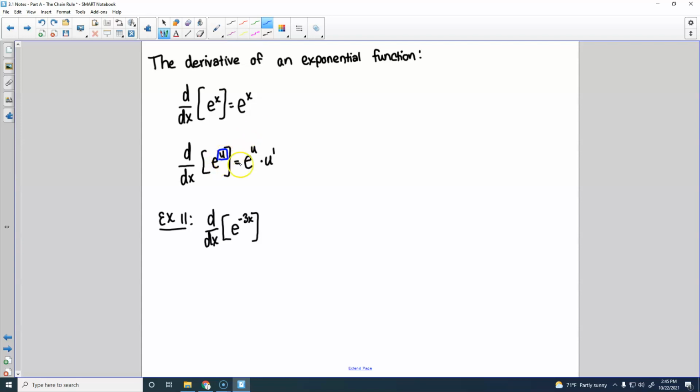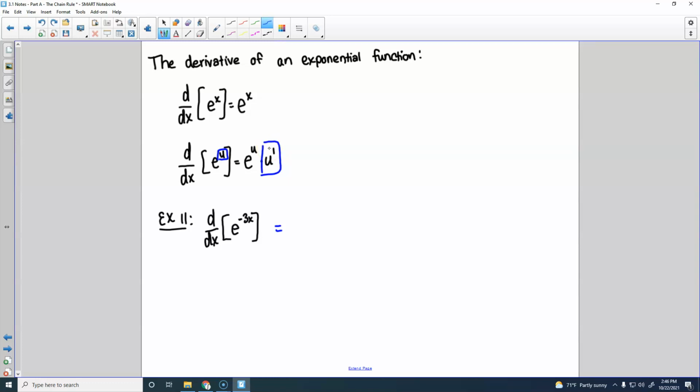So the derivative of e to the u is still e to the u, but you've got to multiply by the derivative of whatever's in your exponent, which is going to be pretty straightforward for these problems. Yeah, e to the u times u prime, which is just the derivative of u.